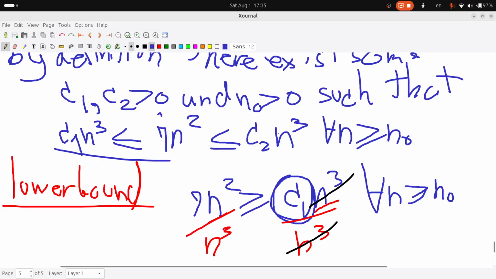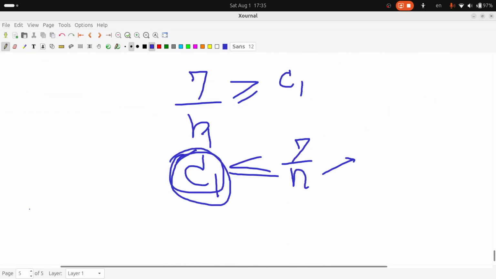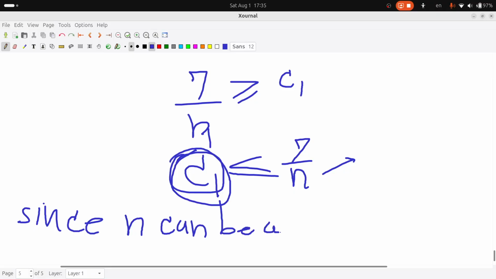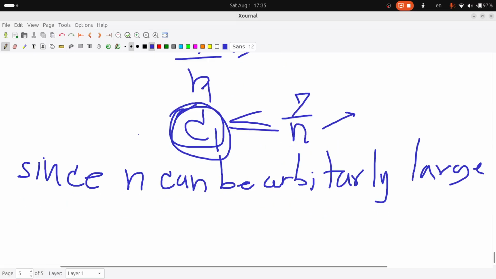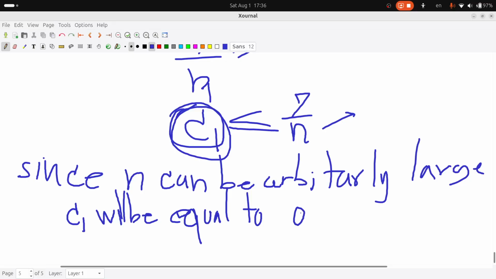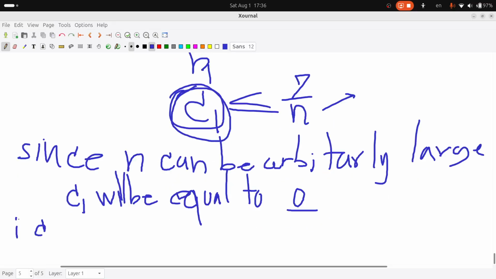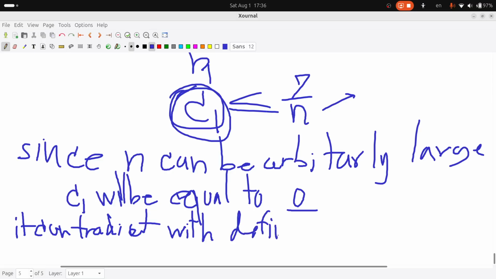So what can we say? We can say that since n can be arbitrarily large, the constant c1 will be 0, and it contradicts the definition of theta notation, right?